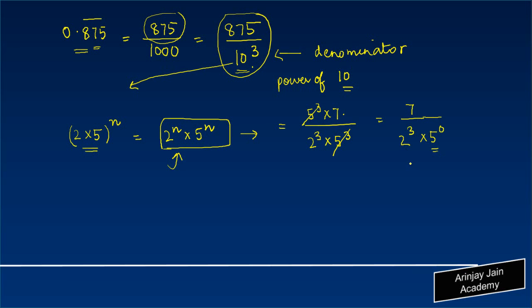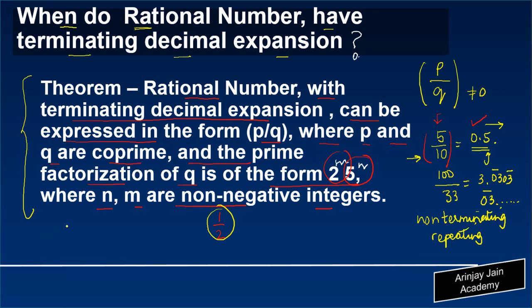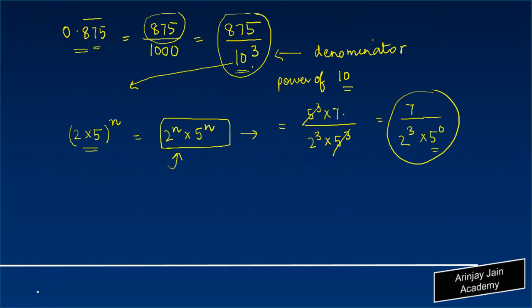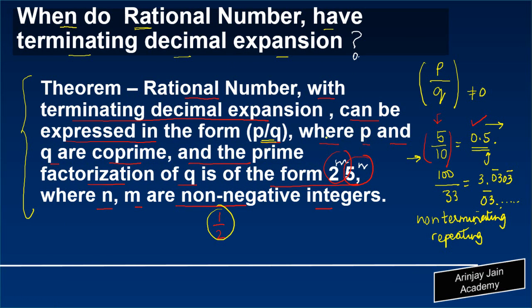And there comes the theorem into practice, the one that we just saw. Now look at this in that context. A rational number with a terminating decimal expansion can be expressed in the form of p upon q. What is p upon q in this particular case? p upon q is this, or simply 7 divided by 2 to the power 3, where p and q are co-prime.